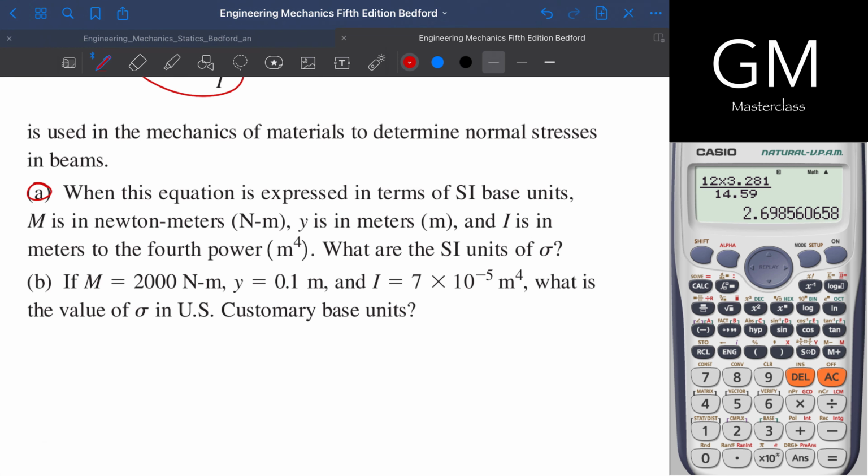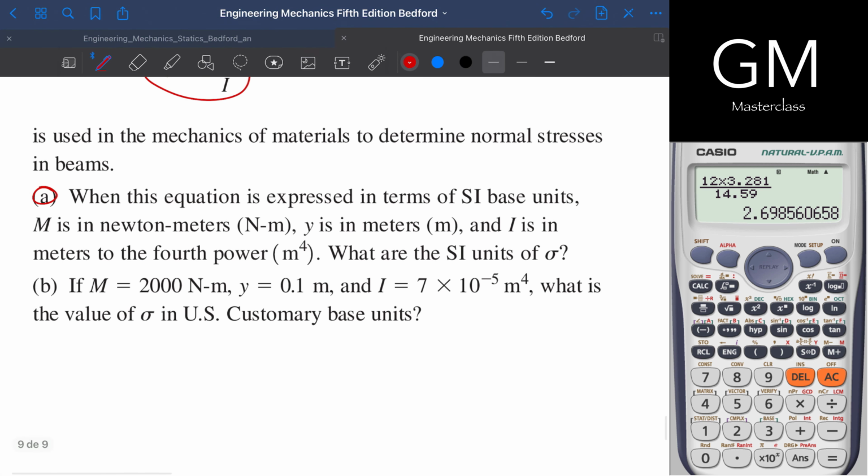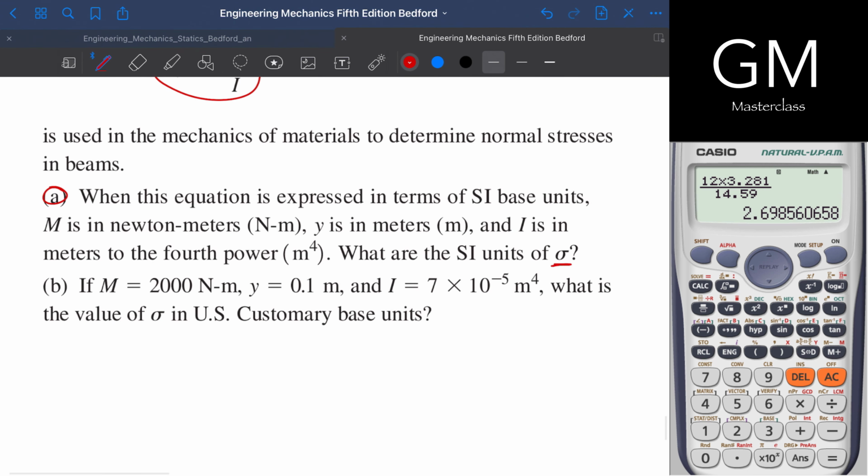A. When this equation is expressed in terms of international system-based units, M is in Newton meters, Y is in meters, and I is in meters to the fourth power. What are the international system units of sigma?